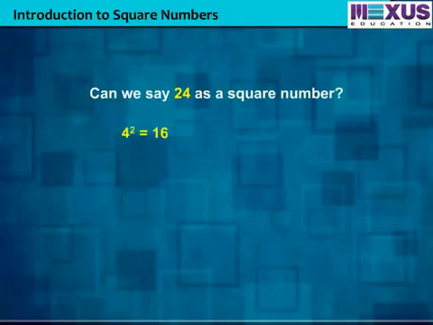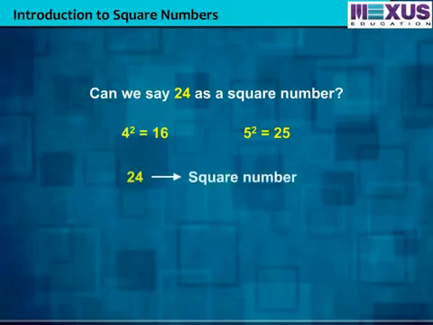As we know that 4 square is equal to 16 and 5 square is equal to 25. So if 24 is a square number, then it must be the square of a natural number between 4 and 5. But there is no natural number between 4 and 5. So we can say that 24 is not a square number.